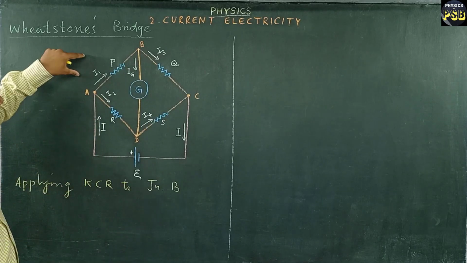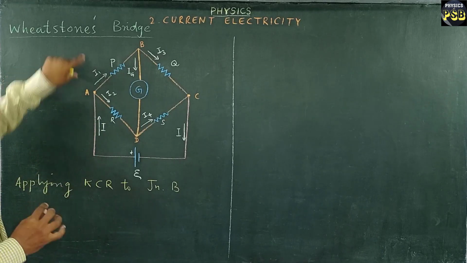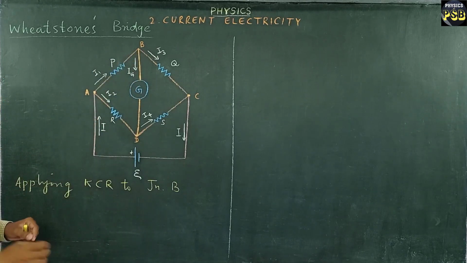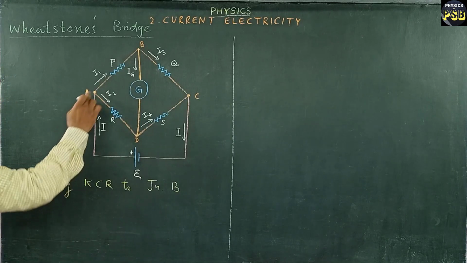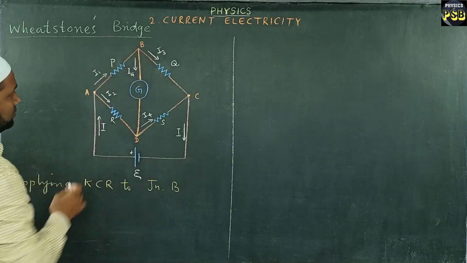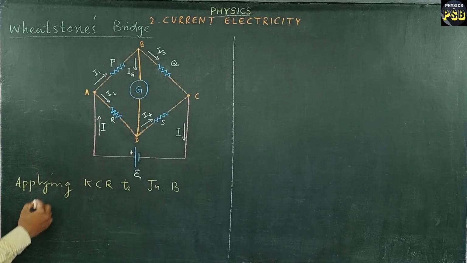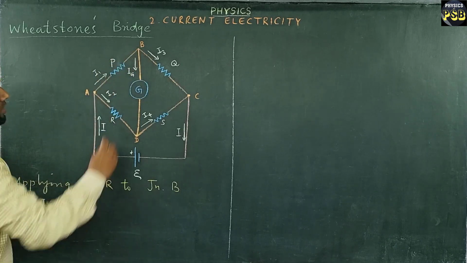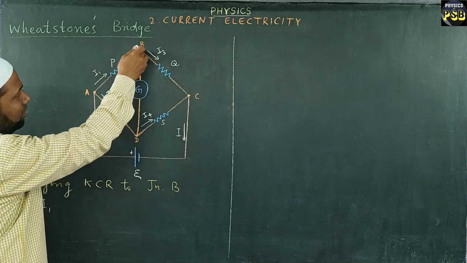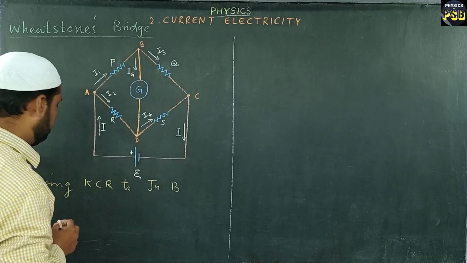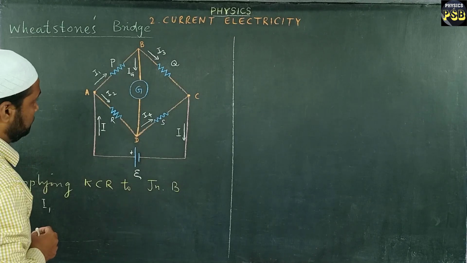Kirchhoff's current rule says that the sum of currents meeting at a junction is 0. The current which moves towards B is taken positive, as we learned in the previous video. Here I1 is taken positive because it moves towards the junction. Then from junction B, another current moves, that is Ig.